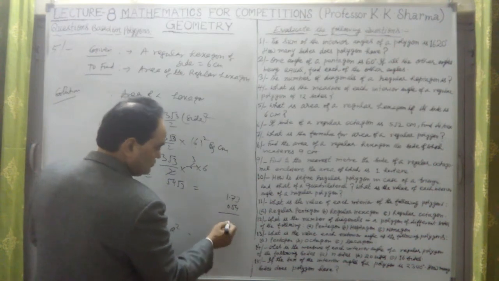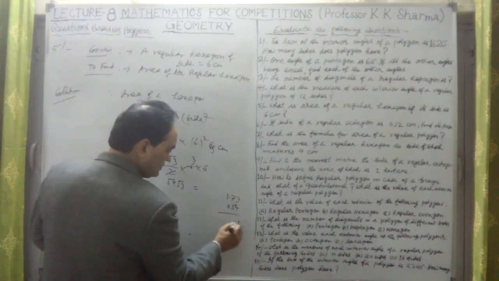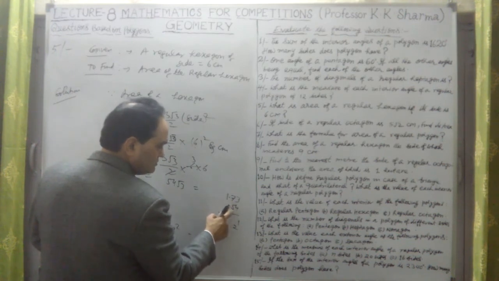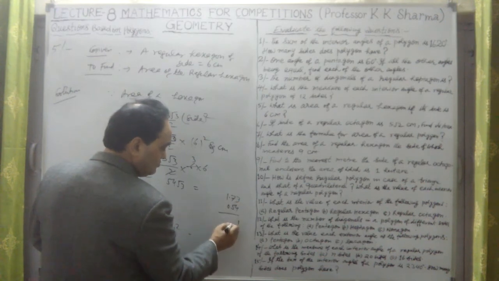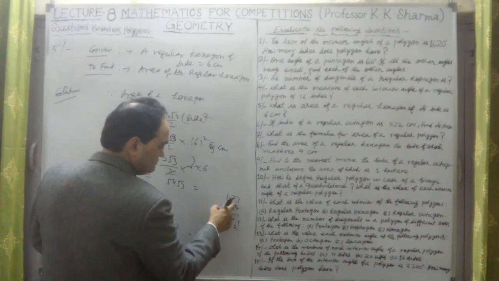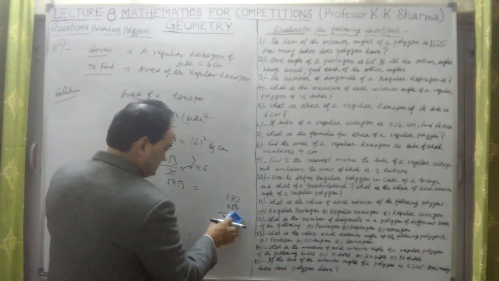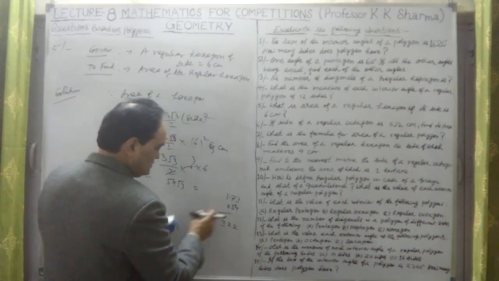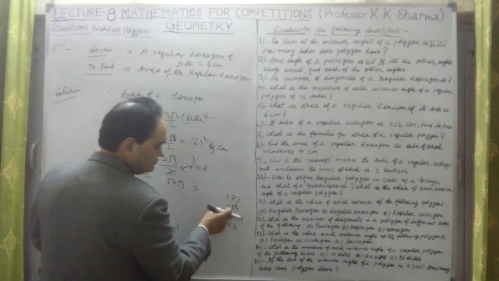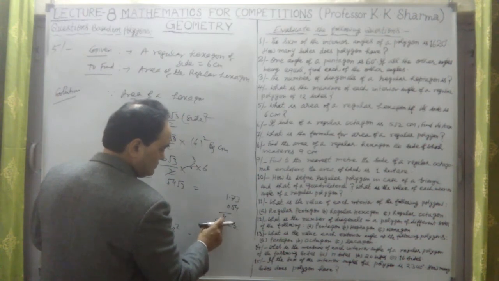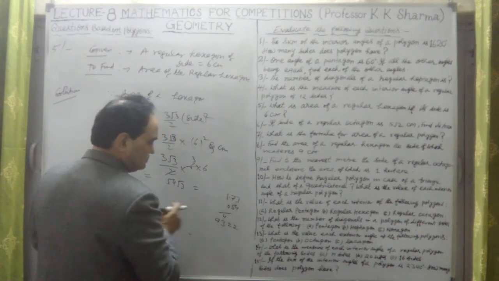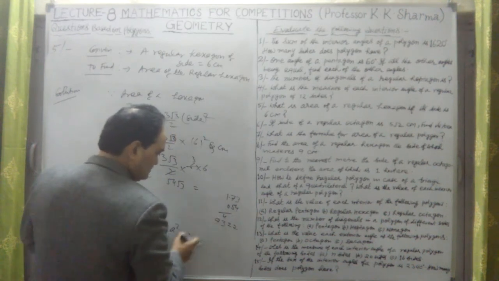Let me multiply: 4 3s are 12, 2 1 carry, 4 7s are 28, 5 3s are 15, 28 and 15, 43, 4 carry again. Then 5 1s are 5, 7 0 0. 5 1s are 5 and 4 is 9, only 9. Then 0 into 1 is 0, nothing else. Okay, so this is the value here.